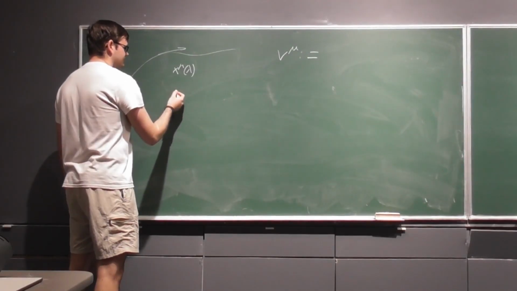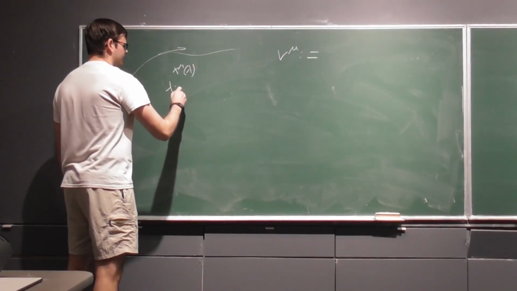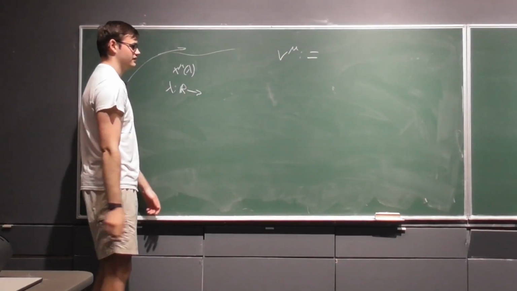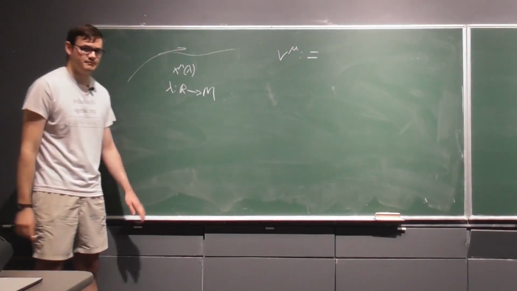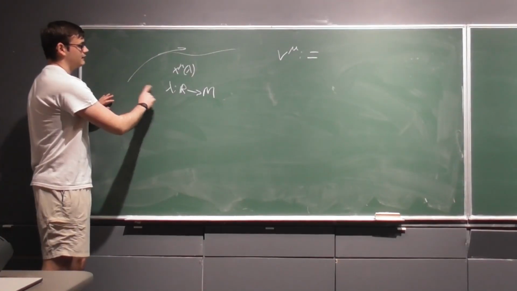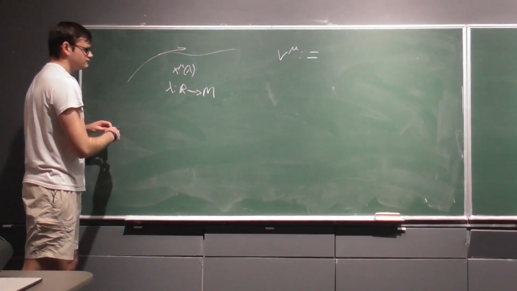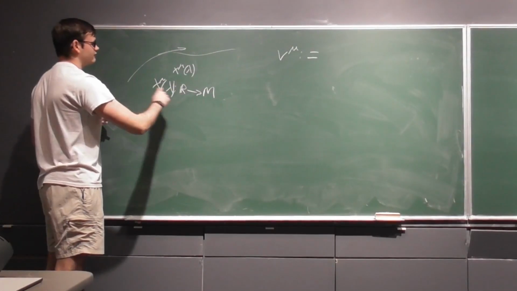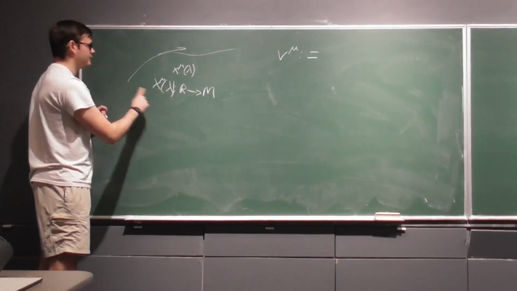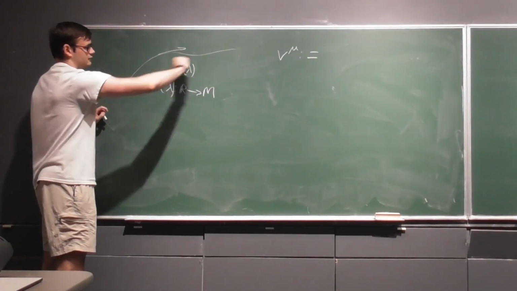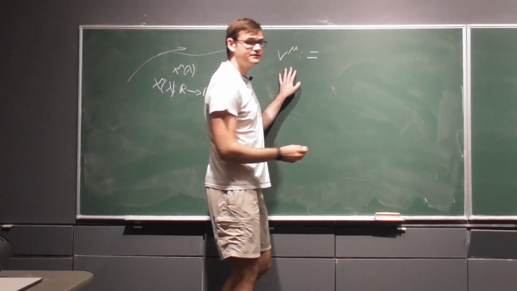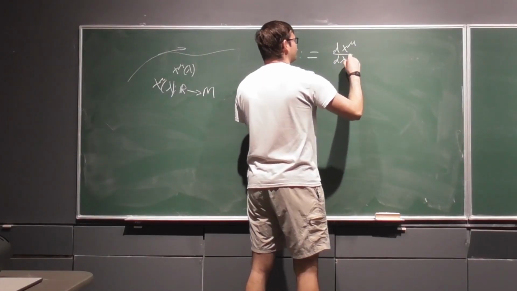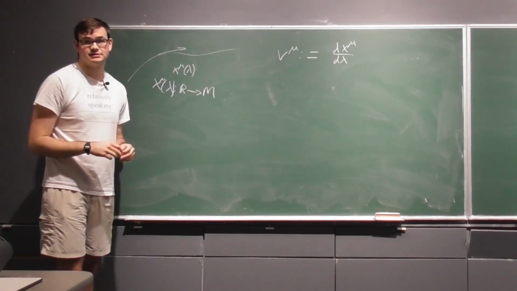You can say that x of lambda is a map from the real line to whatever our space is, which we call a manifold M. Given a point, you can start lambda at 0 and go to 1, and it'll map some line through our space. Then the velocity vector is defined as the derivative of this mapping with respect to the parameter.